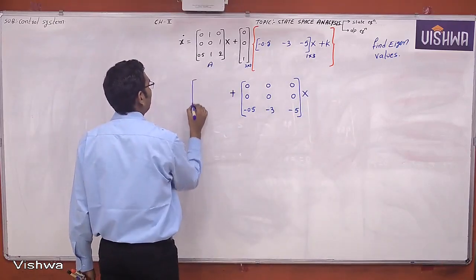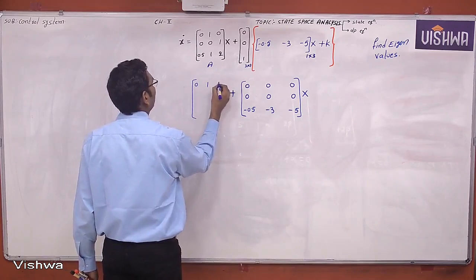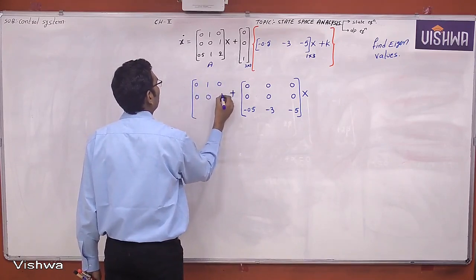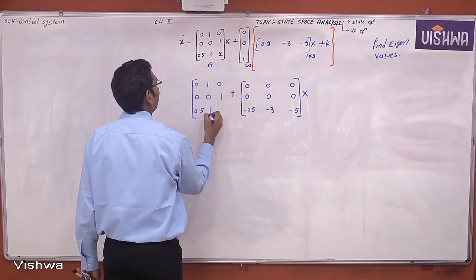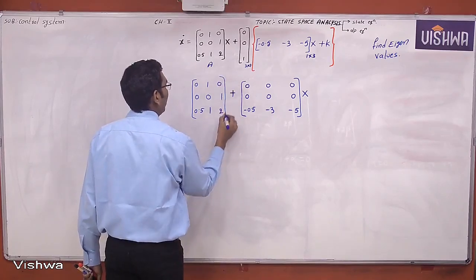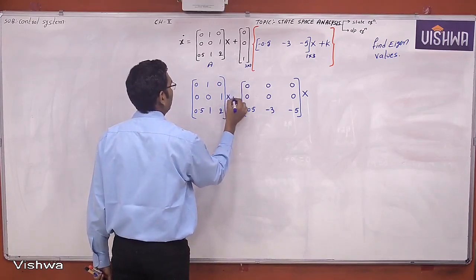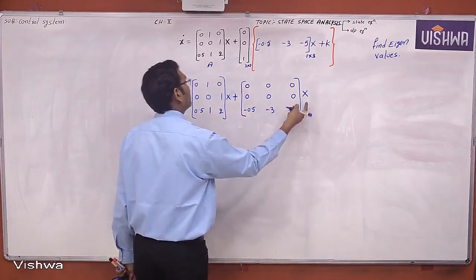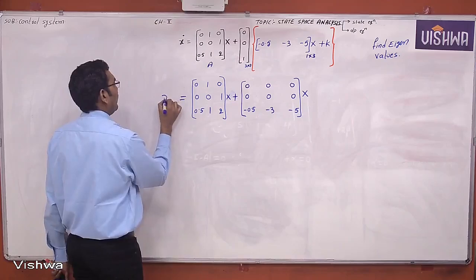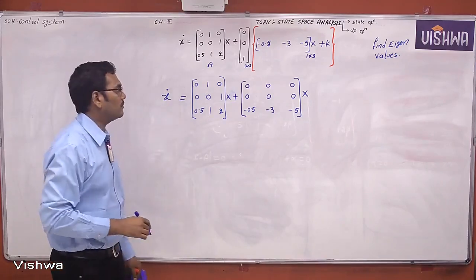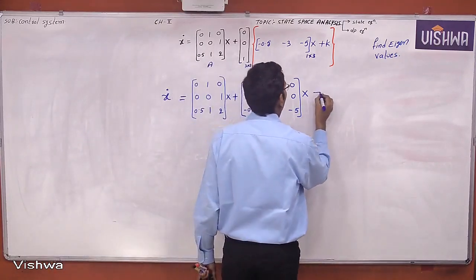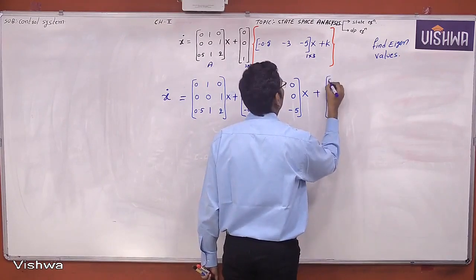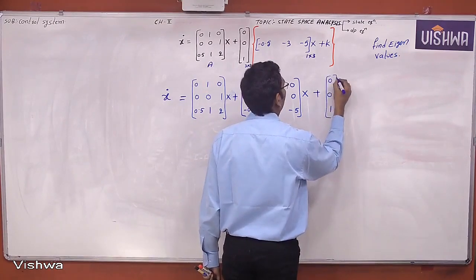Now again here there is 0 1 0, 0 0 1, 0.5 1 2 into x. Here is important: this is 3 by 3 into x plus 3 by 3 into x, then that will become the A value actually. Understand or not? So plus 0 0 1 into k.